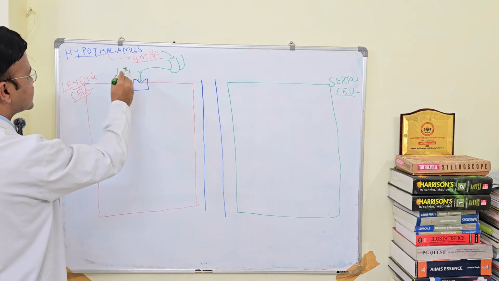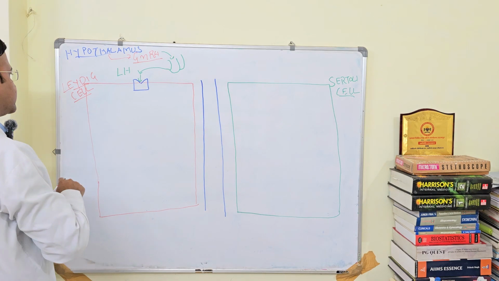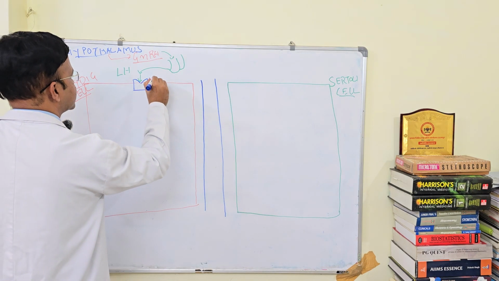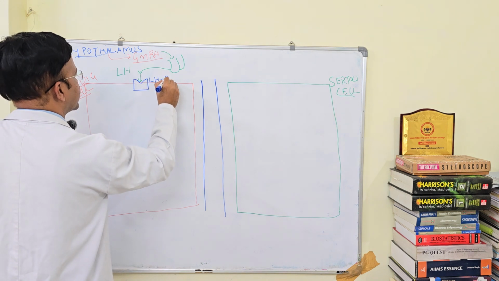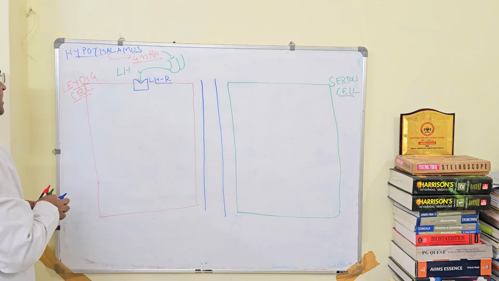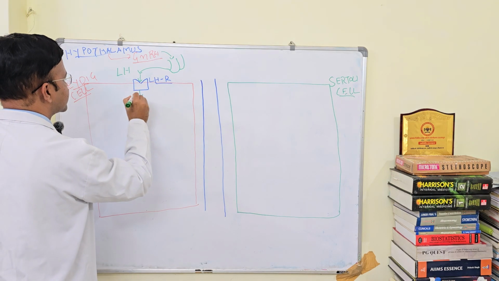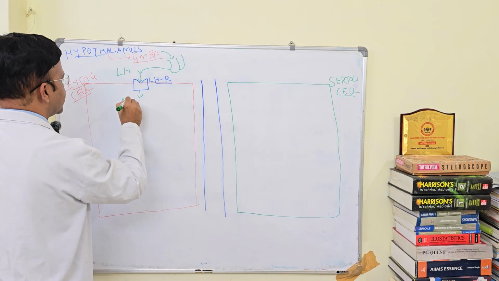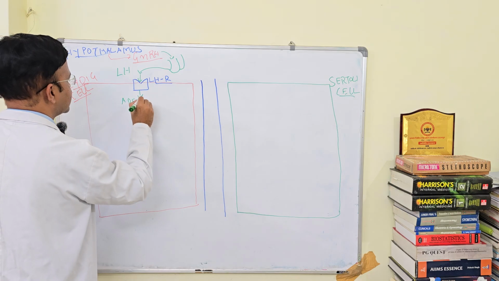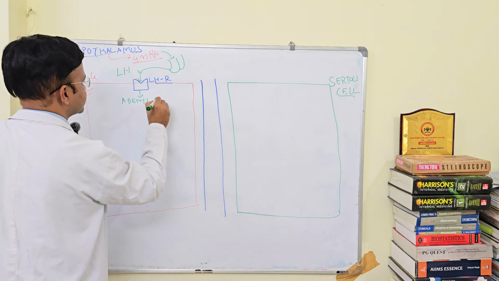Now, as soon as the LH acts on this LH receptor, since it is a G protein coupled receptor, it is going to increase the level of adenyl cyclase, right?